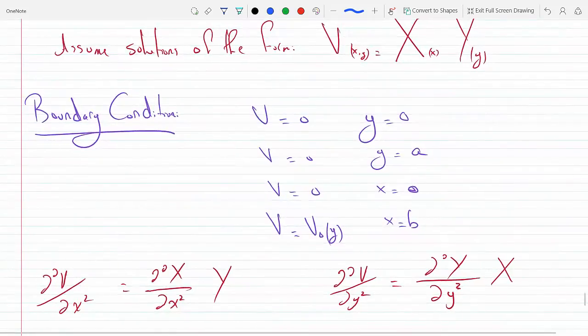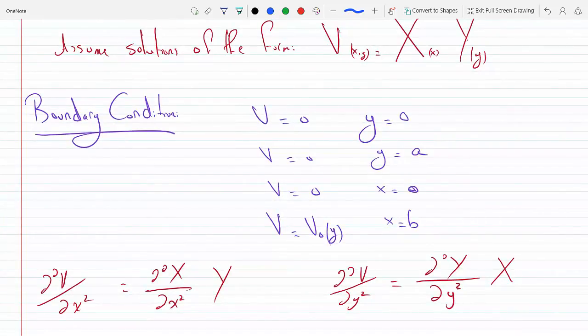Well, now you look at the boundary condition and you see that you need it to be 0 when x is 0, and you need it to be some function of y when x is b. While the y accommodates everything 0 at y equals 0 and 0 at a. Well, you can't make the y exponentials, because you can't make e to the minus x and e to the x go to 0 at 0 and a, because it blows up.